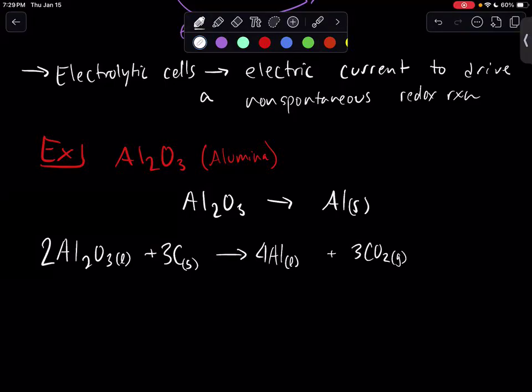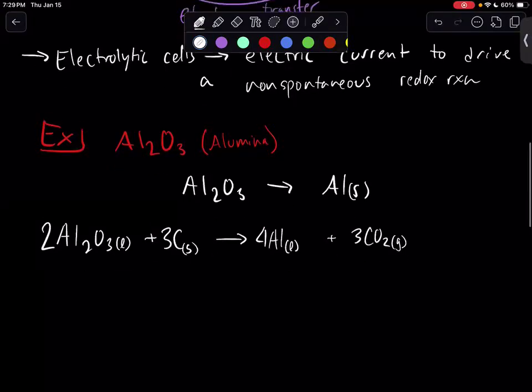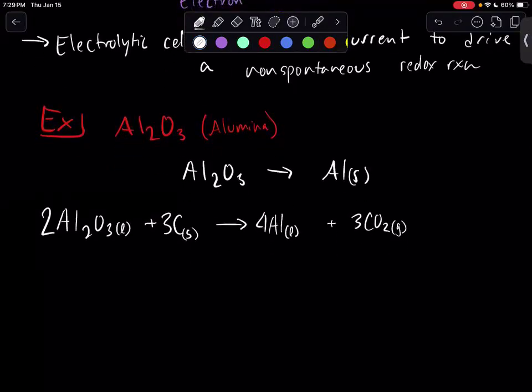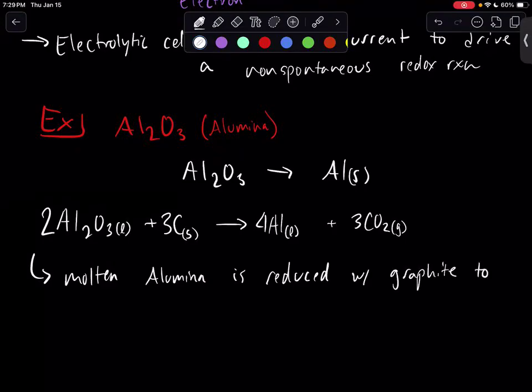We take our aluminum oxide liquid state, so molten alumina, and we're going to reduce it using carbon to produce our aluminum. So molten alumina is reduced with graphite to produce aluminum metal.